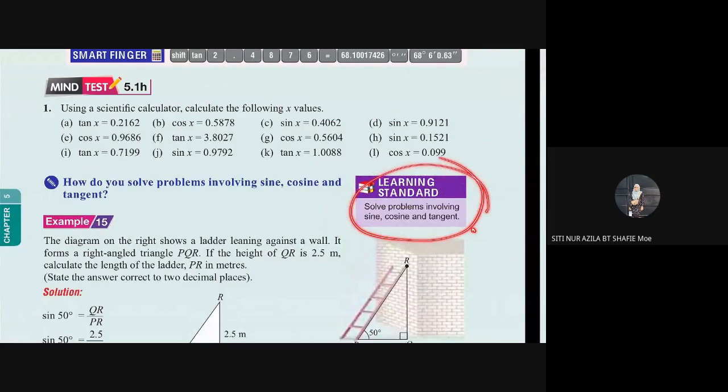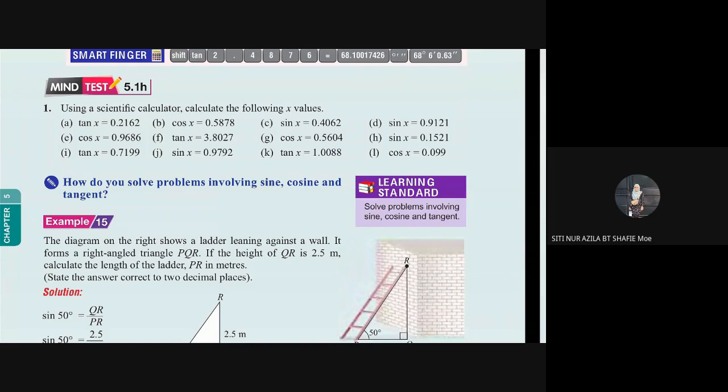So the final part of this chapter, we are going to discuss a few questions involving problem solving. And then I'm going to share with you a few past year PT3 questions for sine, cosine, and tangent.